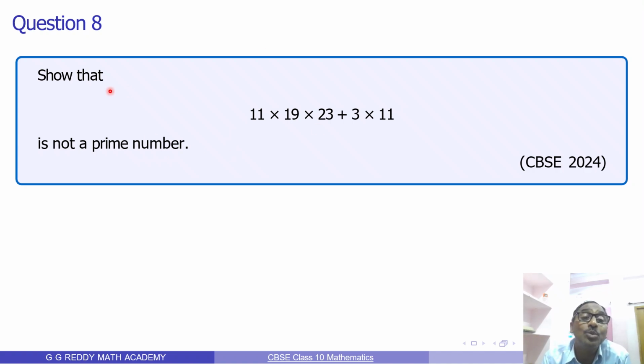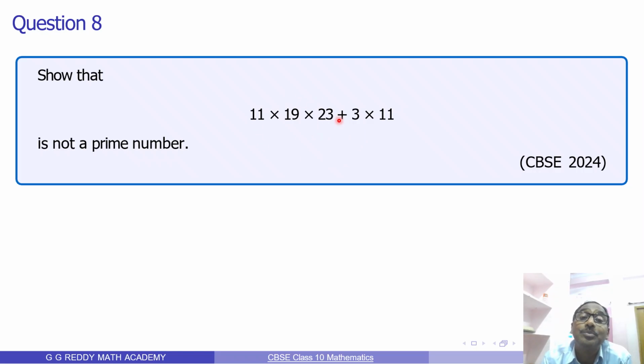So what you have to prove is that this is not a prime number. You have to use the fundamental theorem of arithmetic. You will prove it as a composite number: 11 times some integer which is greater than 1.